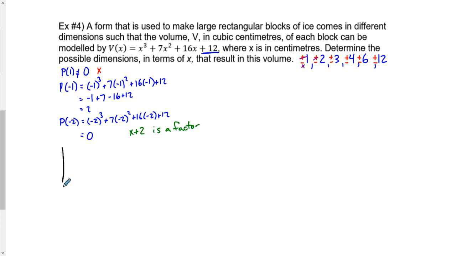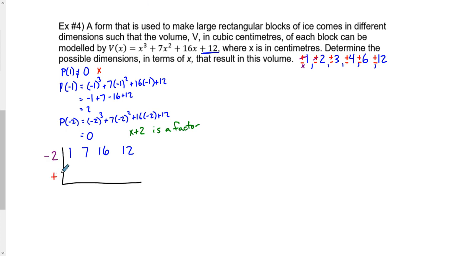Alrighty. So let's factor this. We have 1x cubed, 7x squared, 16x, and a 12. The zero here is negative 2.